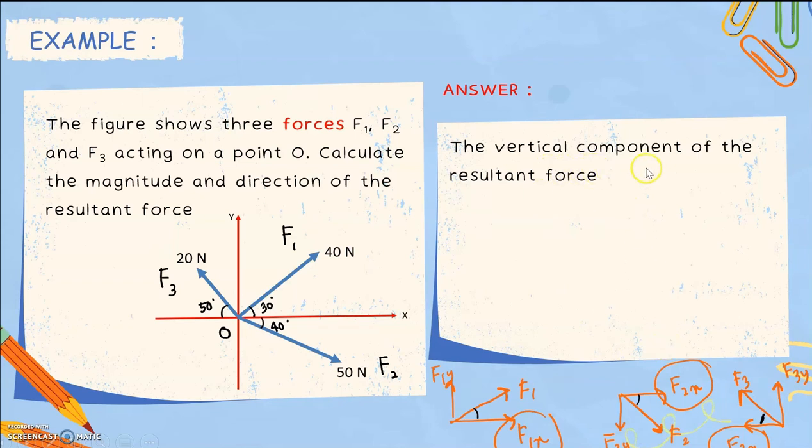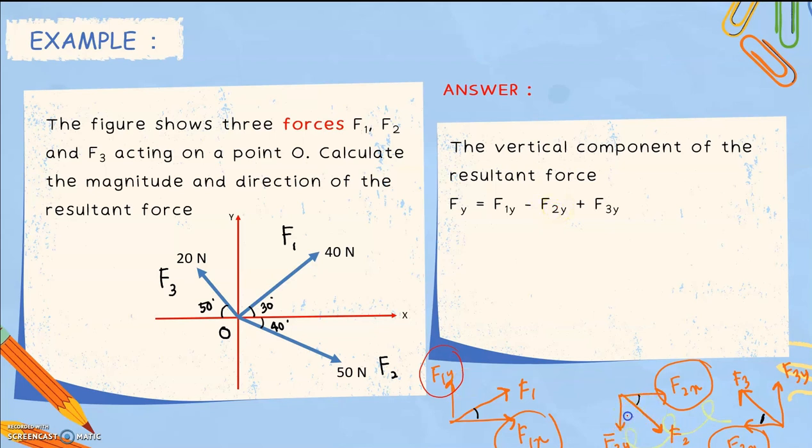For the vertical component of the resultant force, Fy equals F1y minus F2y plus F3y. F1y is positive because it is upward.